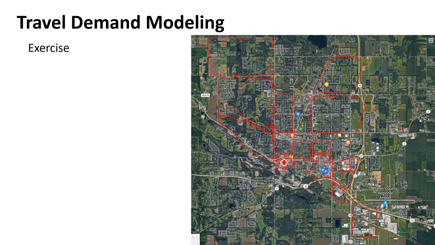So now we can model even better the traffic on the roads coming into downtown. And we've got some commercial areas down here we could block out along US 30 and so forth. So that's one example of how you might break down the TAZ zones for a model of just Valparaiso.